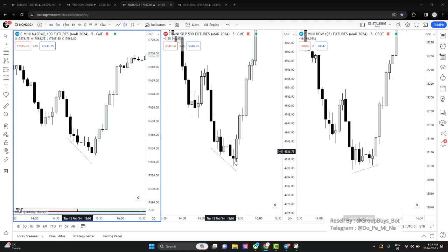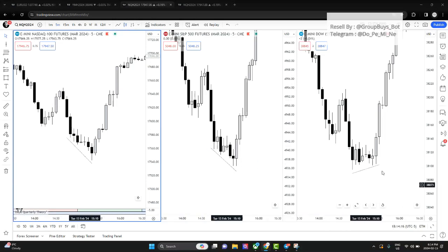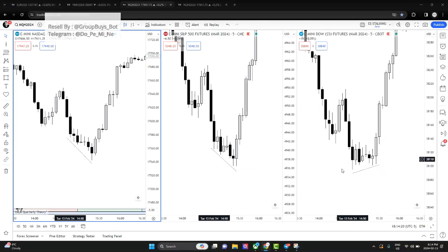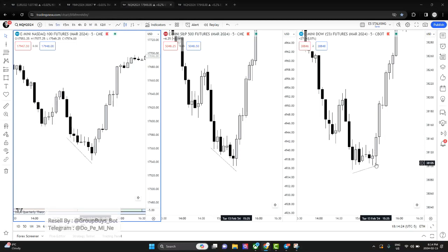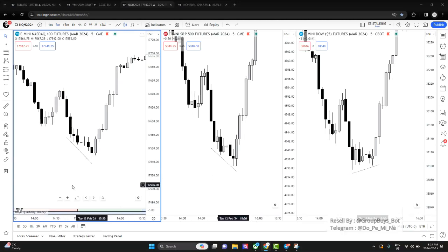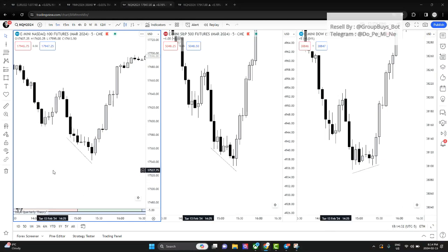The S&P 500, we had price run below this low, then rally. But in regard to the Dow Jones, US 30, we had price try to break below this low but fail to do so, right? In between Q2 and Q3.